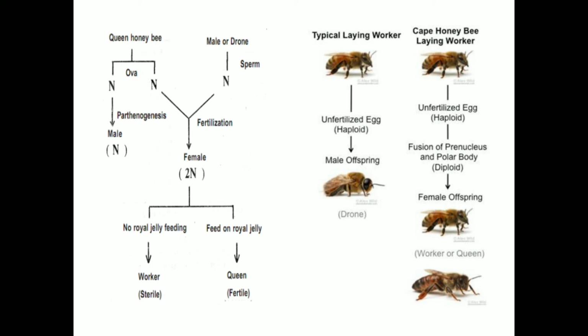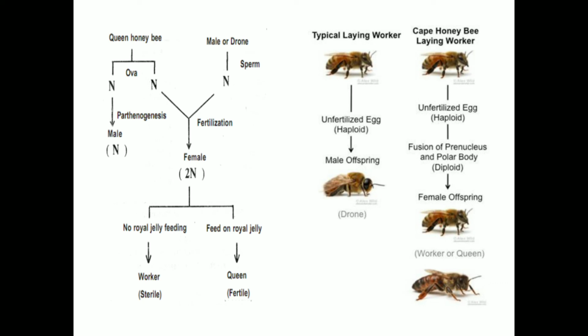The queen bee produces the gamete ova. The male, that is the drone, produces the sperm. When sexual reproduction occurs, that is fertilization takes place, they produce females. Of those females, one is the queen bee and another is the worker bee.